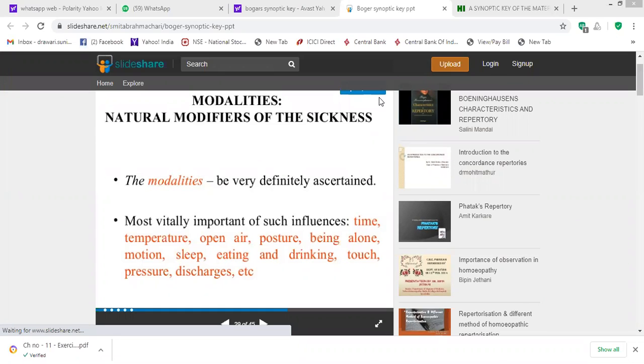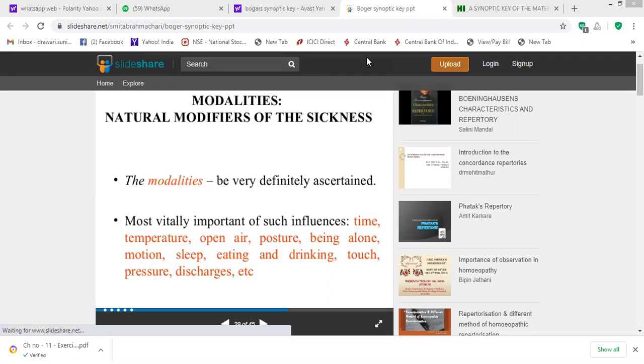Then touch: does it aggravate or ameliorate the condition? The pressure: which type of pressure, hard or mild, does it ameliorate or aggravate? What kind of discharges, and do the discharges aggravate or ameliorate the patient's condition?